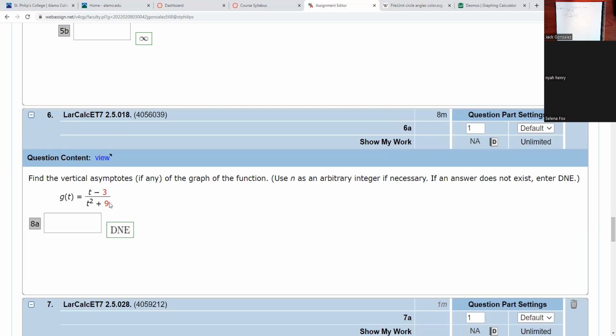So this one's asking you, let's see if we can solve this one. Why doesn't it exist?